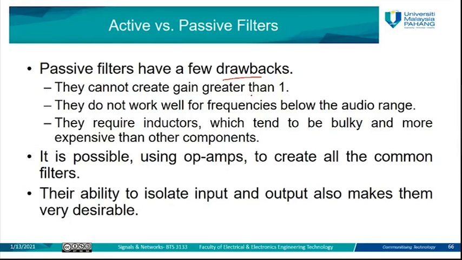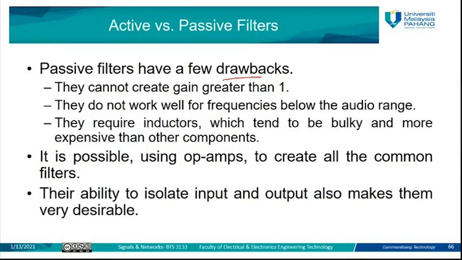It can be increased or decreased depending on the requirement of the signal. Passive filters also do not work well for frequencies below the audio range. For the audio range, the passive filter is not desirable because it is not accurate.